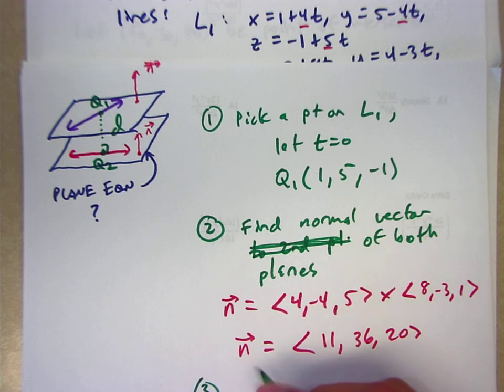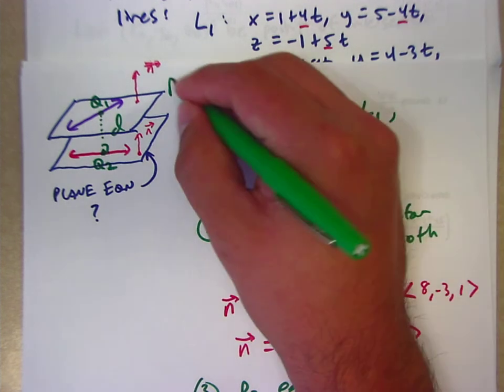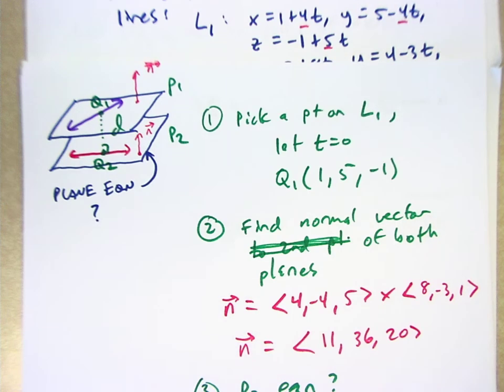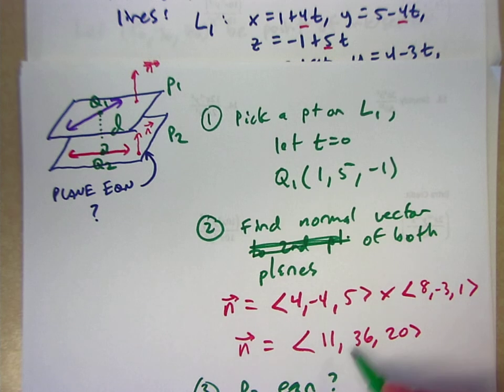That's easy. So what's the plane 2 equation? Again, this is plane 1, this is plane 2. Well, here's my normal vector, and now we just need a point on P2, so we can use any point from the second line.